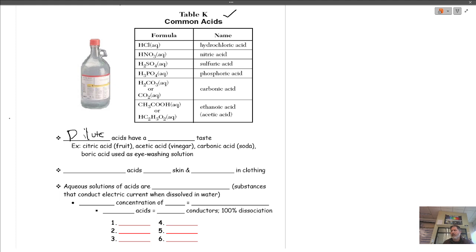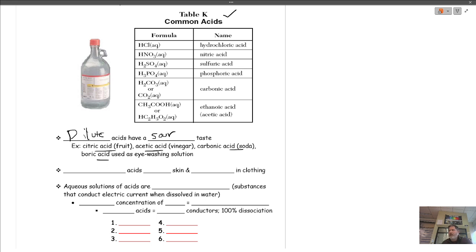That's just the nature of them. You might recognize it in the flavor of fruit flavoring. Citric acid is found in oranges and lemons. Acetic acid is in vinegar. Carbonic acid is in soda. And that's a little bit different than some. But boric acid is used like an eye wash, so you might use that for your contacts.